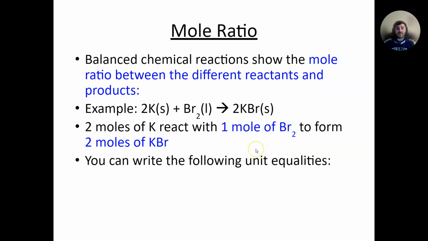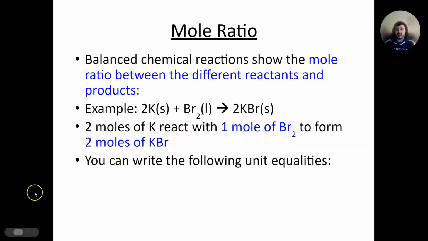Now, when you've got these comparative amounts of moles in these balanced chemical reactions, you can write, yes, unit equalities. And I'm sure you guys are all very, very happy to see unit equalities are still alive and well. But again, yes, mole ratios, all this stuff have a lot to do with unit equalities. So they're back in action here.